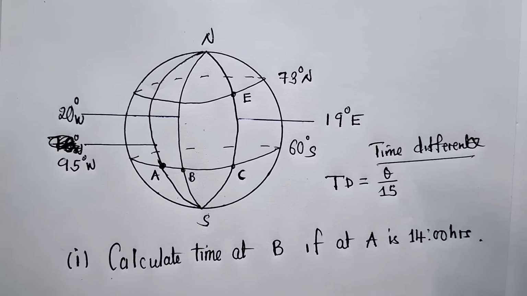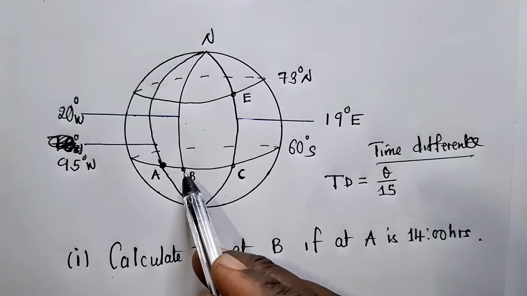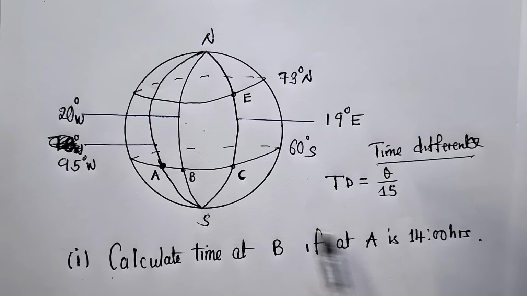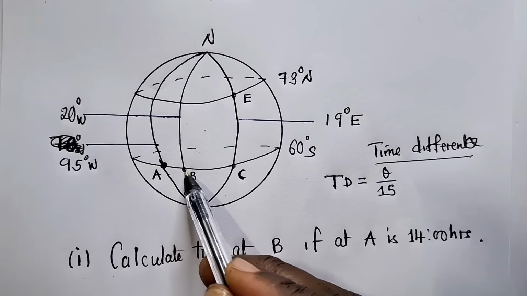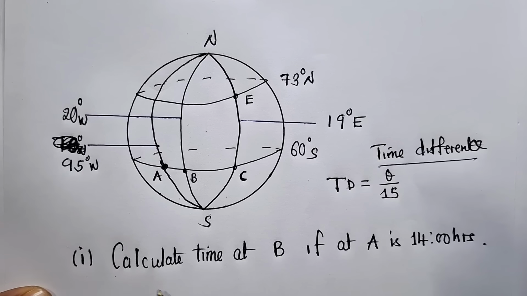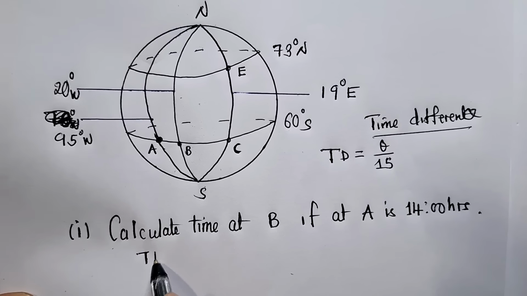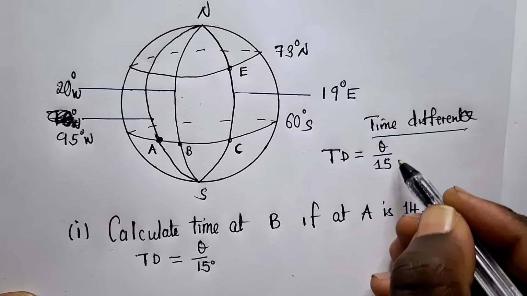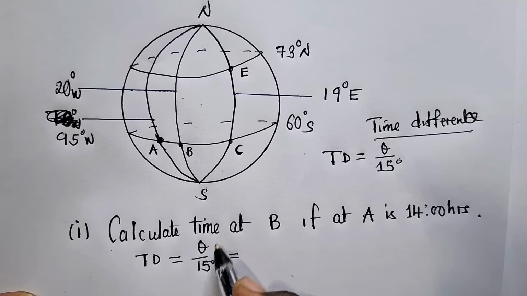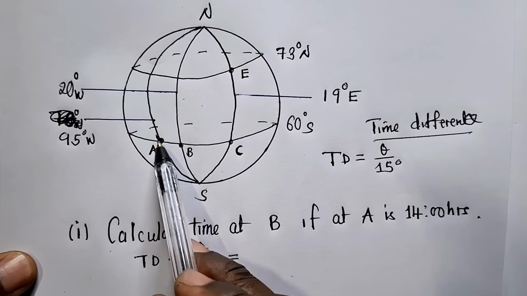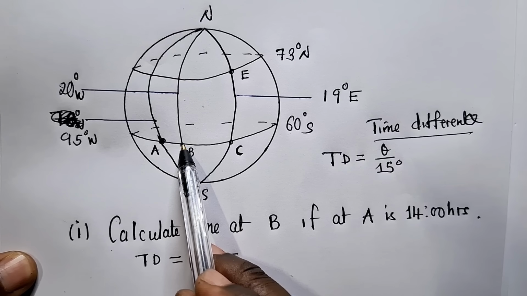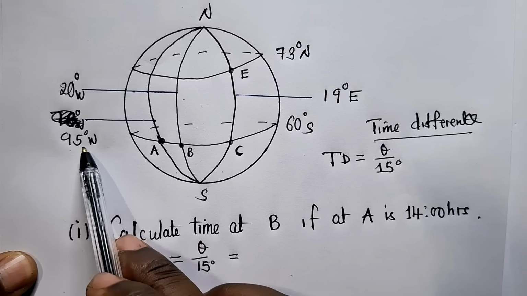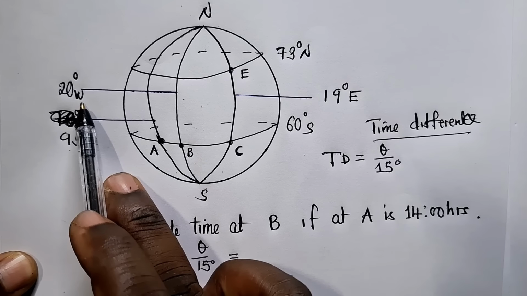So now look at this question. They're saying calculate time at B, if at A the time is 14 hours. So if the time is 14 hours here, what is the time at B? The first thing here is to calculate time difference, which is equal to theta over 15 degrees. So what will be our theta? The difference now between A and B. You can see A is 95 degrees west, while B is 20 degrees west.